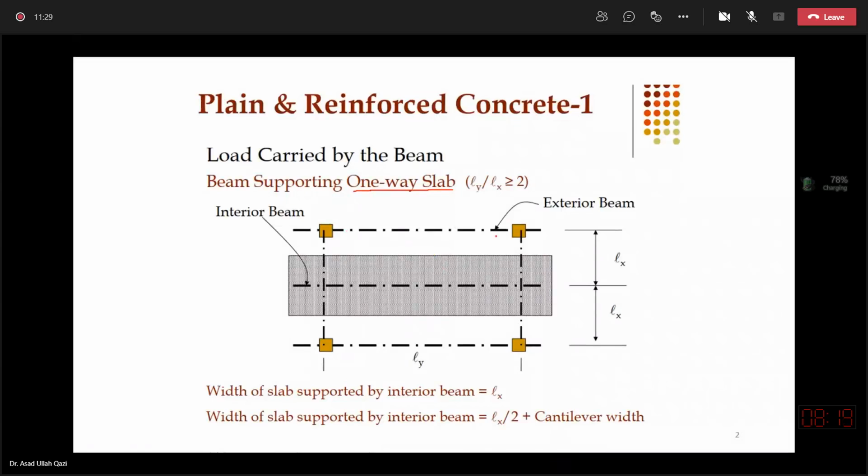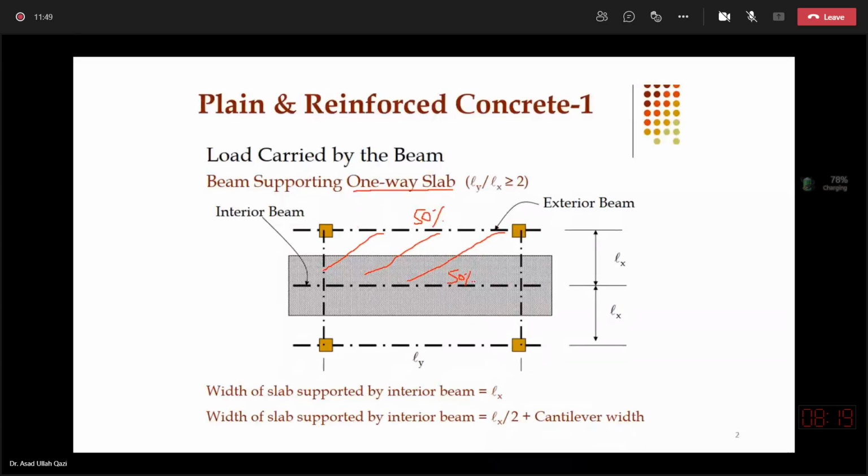So this one panel, its 50% load will go to this beam, which is along the longer dimension of the panel, and 50% load will go to this beam.